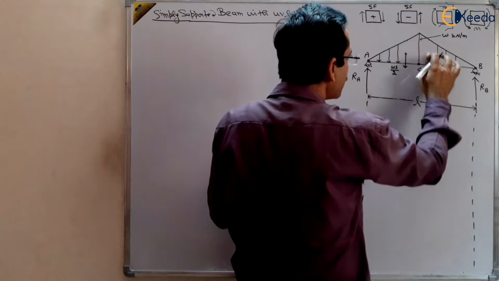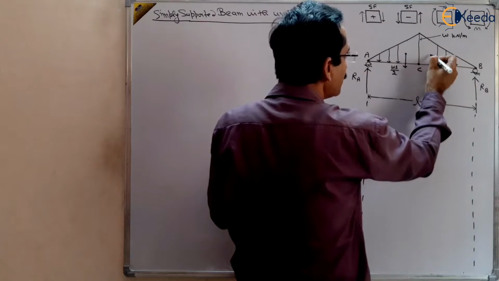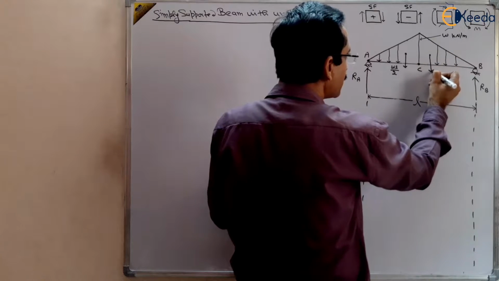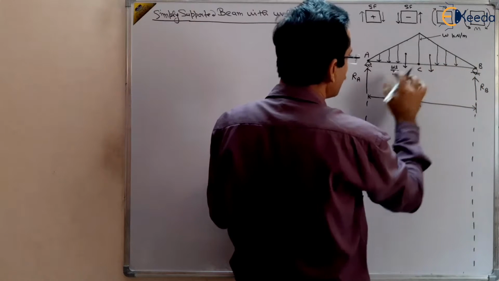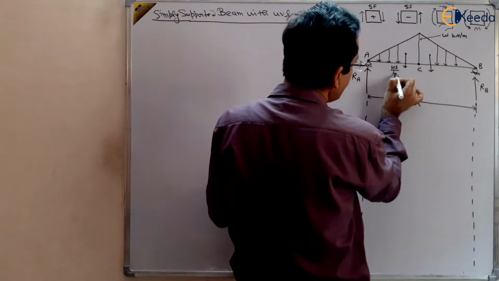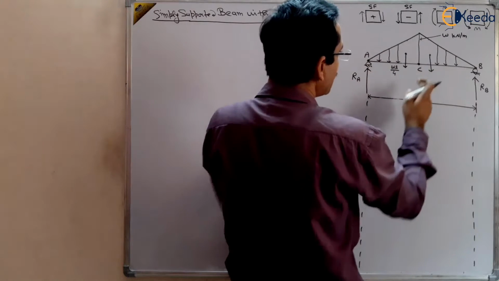For this triangle again the total load will act at its centroid, and again it is half multiplied by base multiplied by height. So this will be WL by 4, because the length is L by 2.